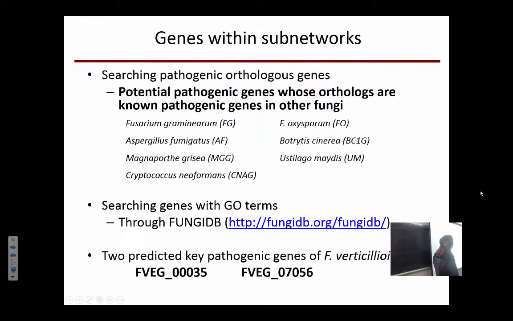We also looked at these genes and at their orthologs in other known pathogenic fungi, such as Magnaporthe, Eustalogomatus, other species of Fusarium, Cryptococcus. And through this, we identified 2 key pathogenic genes of Fusarium verticillioides, FVEG0035 and FVEG07056.